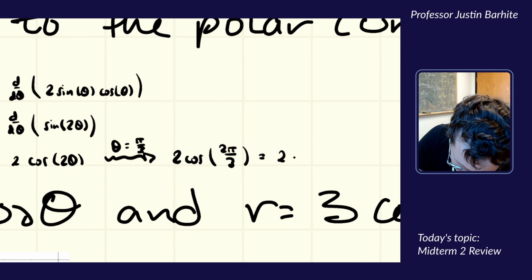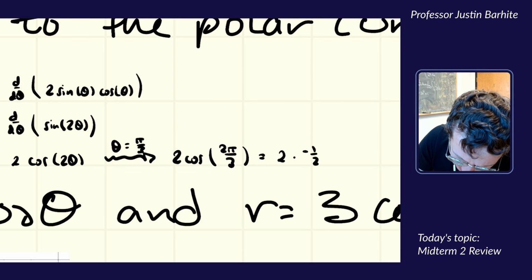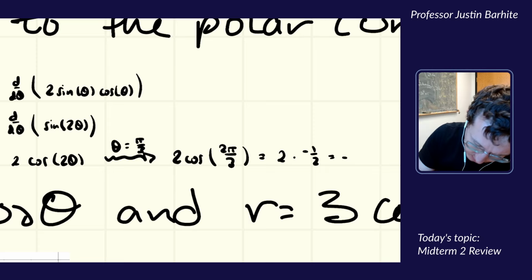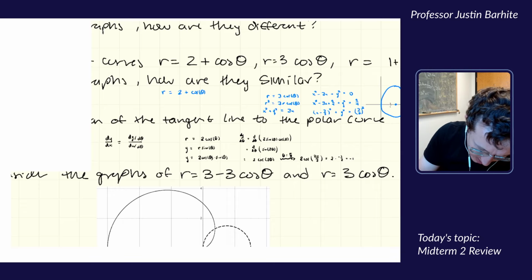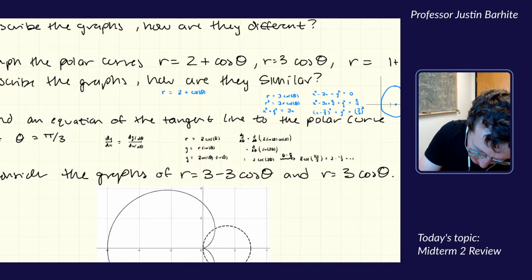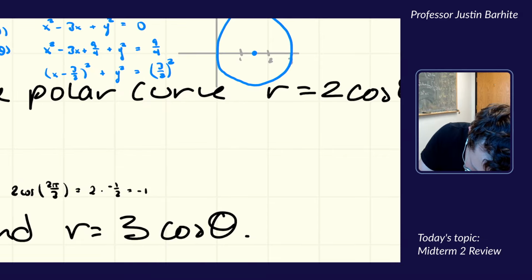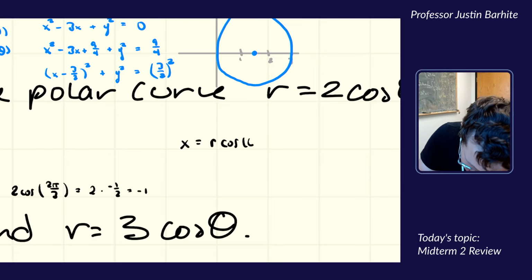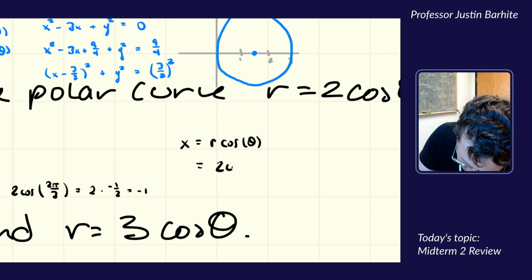Which is minus 1/2. So I get negative 1. That was dy d theta. I also need dx d theta. So x is 2 cosine theta times cosine theta.